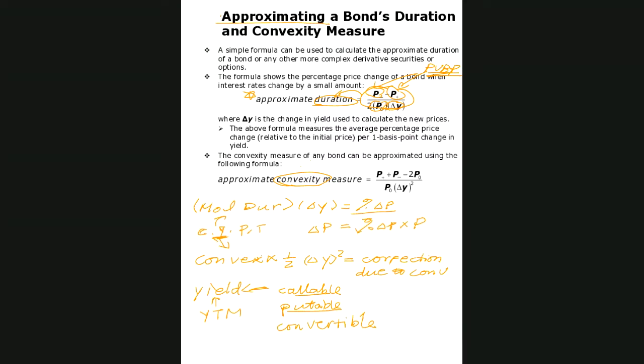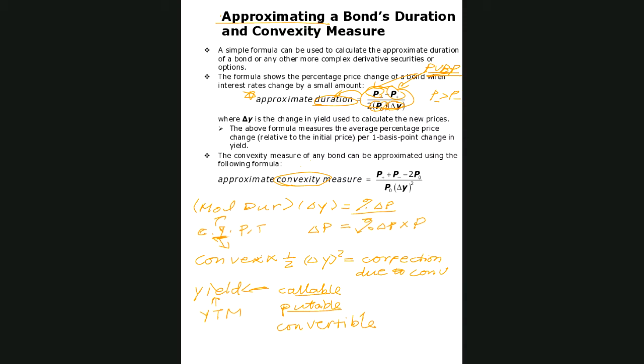It's a little bit awkward, right? The price minus is the price if you have a little bit of yield change down. Remember, when you have a little bit of yield change down, this price should be greater than the price when you have the yield shift up a little bit.